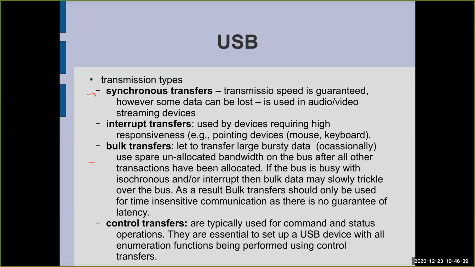So it lets us stream a huge amount of data, but the time is not guaranteed. Okay. And we also have something which is called control transfers. In this case, the control transfers are used for communication between the controller and the node to set some parameters.